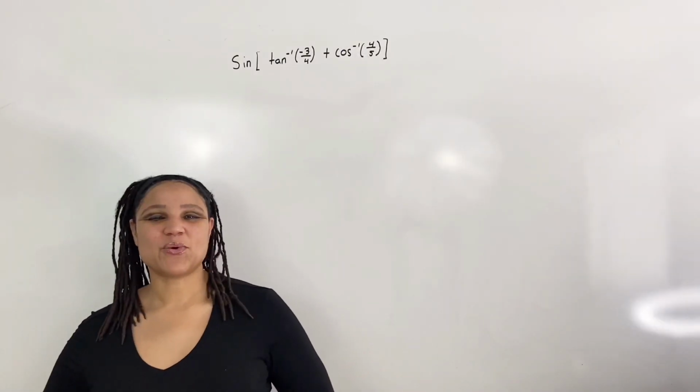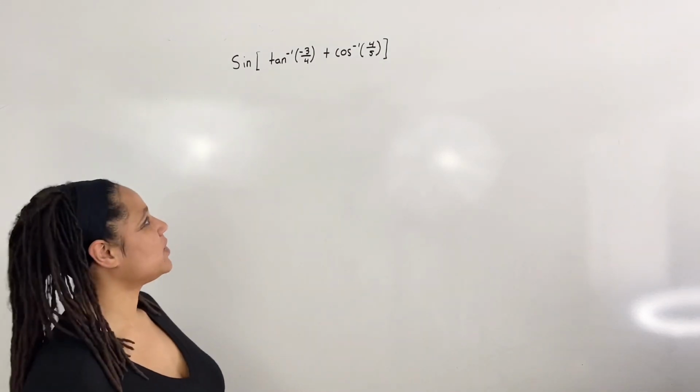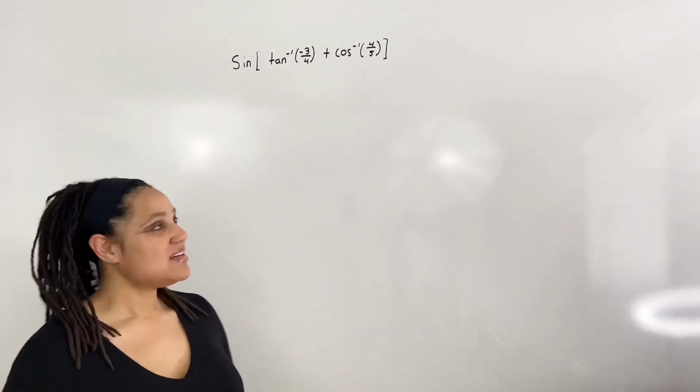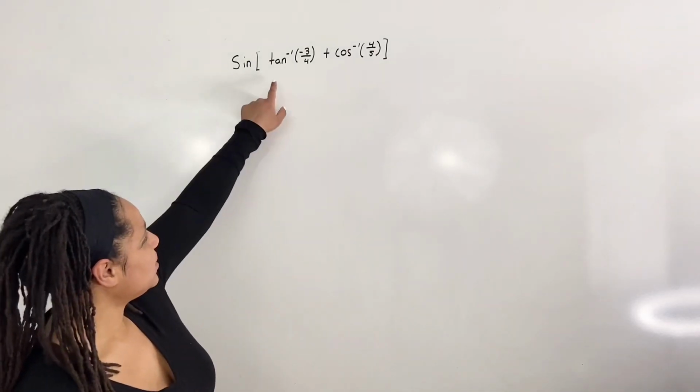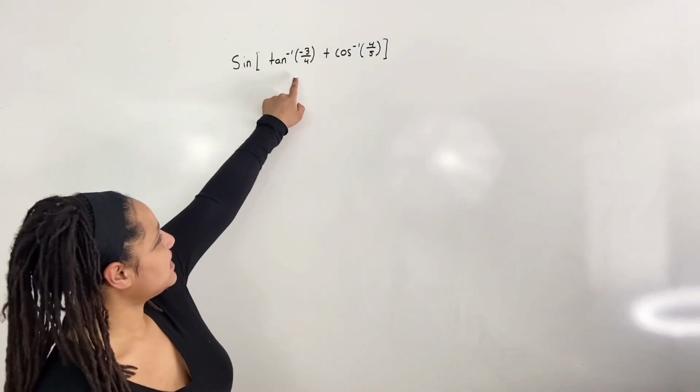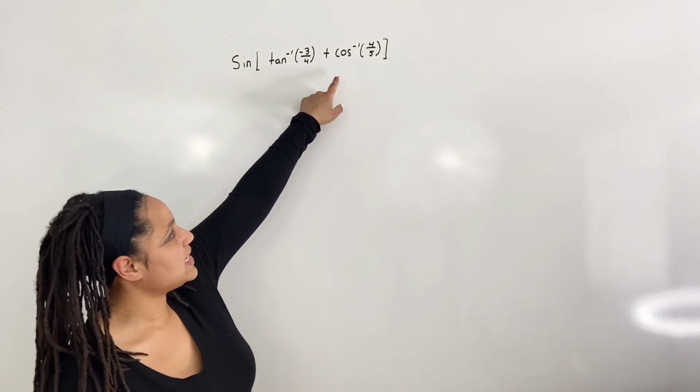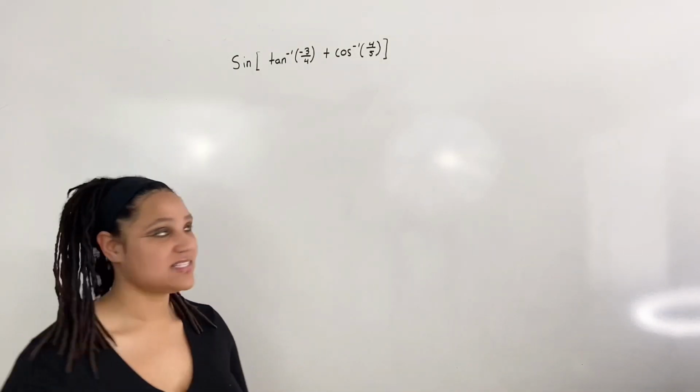So the first thing we're going to do is work from the inside of the function out. So I'm going to let u equal tan inverse of -3/4, and I'm going to let v equal cosine inverse of 4/5.